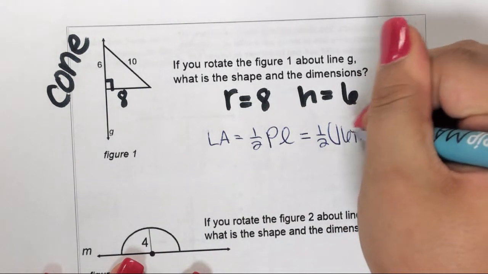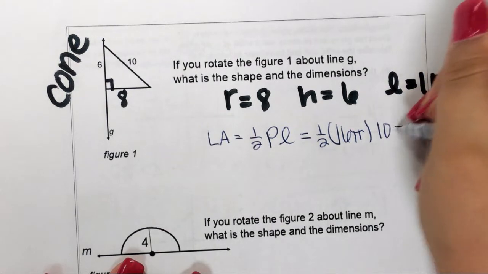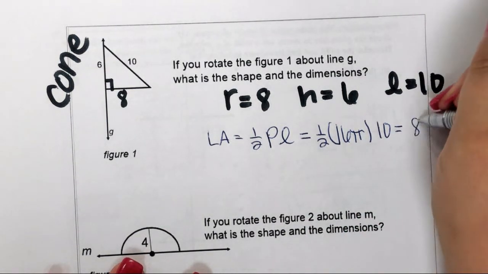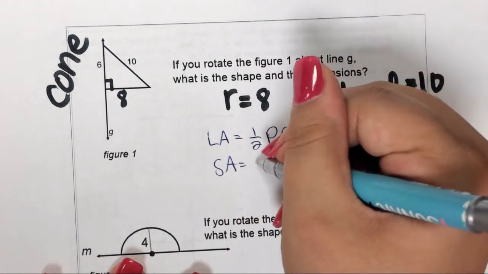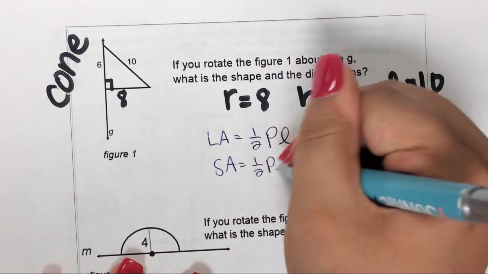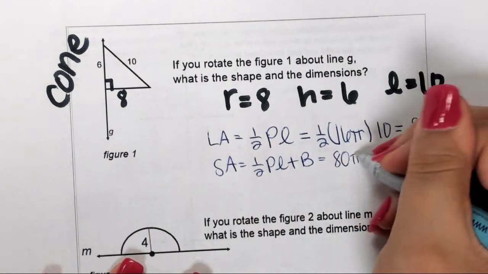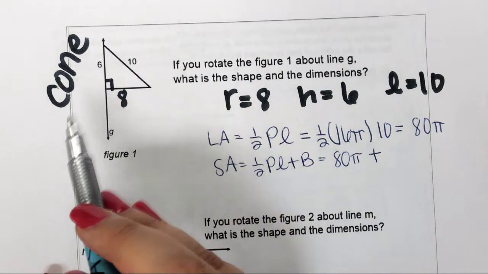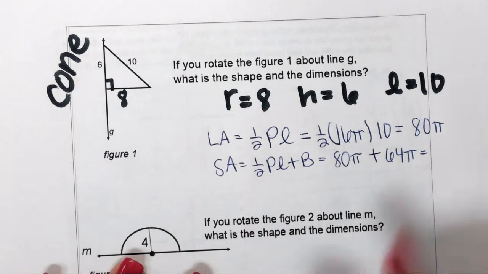What would be the slant height? 10. So what is half of 16 times 10? 80 pi. For surface area, we would do 1/2 BL plus B. So I would take 80 pi, because we already found that. What would be my area of my base? 64 pi, which, what is that going to give me?